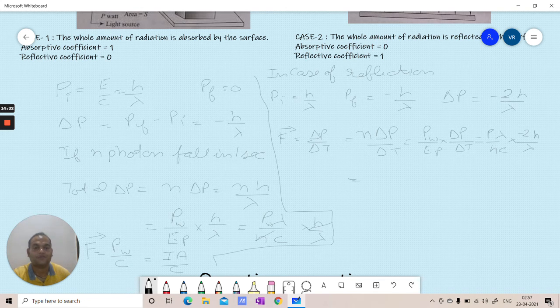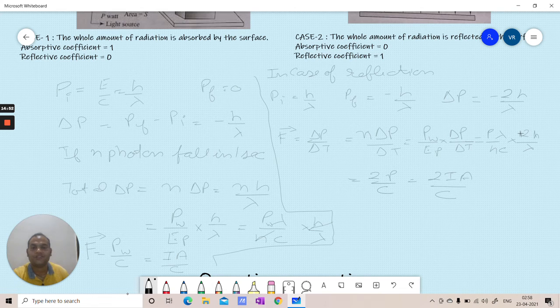So it comes out to be 2P by c. Now because we are writing it for the body, not the photon, we'll write it as plus. So 2P by c, or it will be equal to 2IA by c.